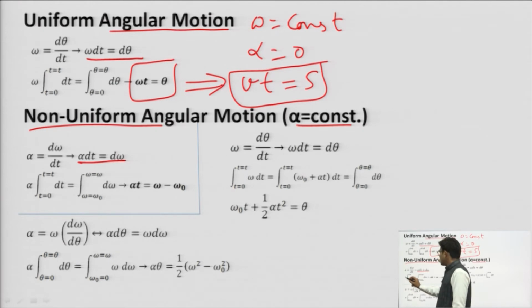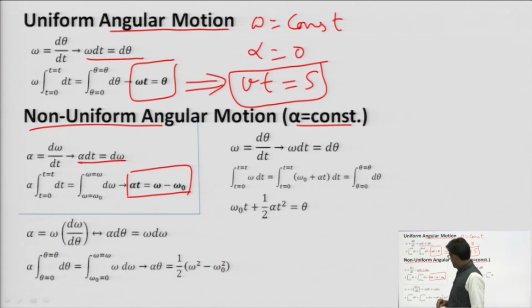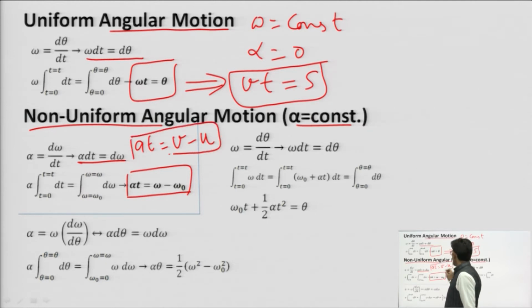Since alpha is constant, it can be taken outside the integral, integrating t from 0 to t, and on the right side angular velocity from omega naught to omega. So we get this equation. Comparing this, alpha t is equal to omega for v, and omega naught is for u. So this is the first equation of motion, v is equal to u plus a t. Same result is here.